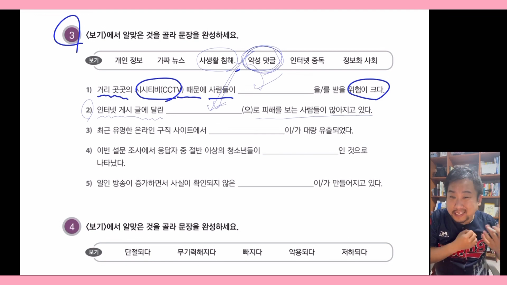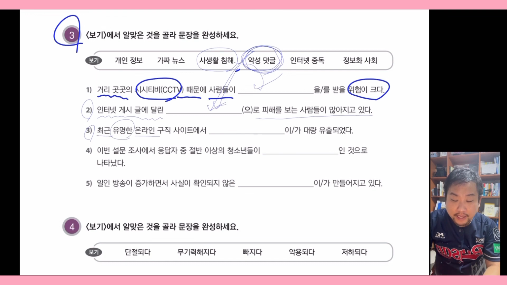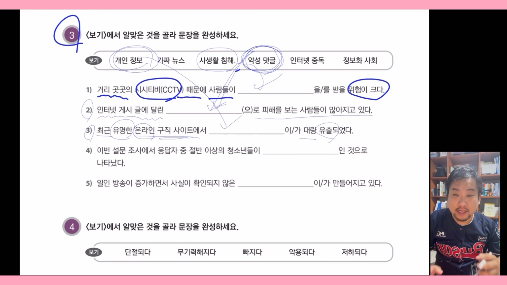So it is also sensitive topic. Number 3, 최근 nowadays 유명한 famous 온라인 구직 사이트, 온라인 job recruit 사이트에서 개인 정보, personal information이 대량 massive 유출되다. It's leakage. So massive leakage of personal information in the online job recruit site.